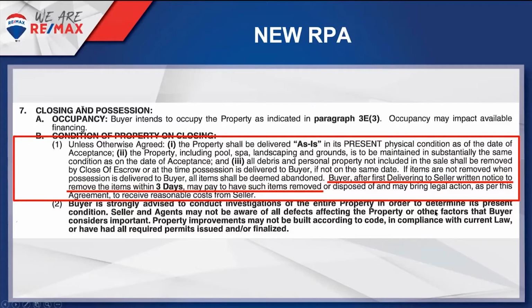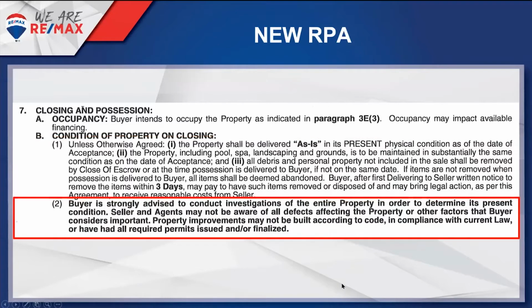But they first must give a notice and give the seller 3 days to remove the items before you can claim them or dispose of them yourself if you're the seller. Now, if the buyer has to dispose of the items, the buyer may bring a legal action and collect the cost of disposing the items from the seller. So this has been spelled out in the contract. That actually always existed in common law, but it's now spelled out.